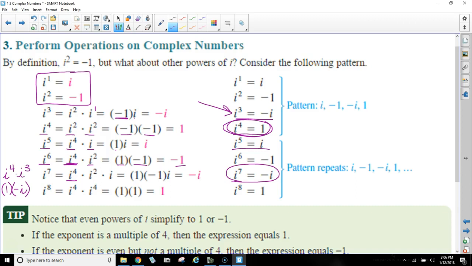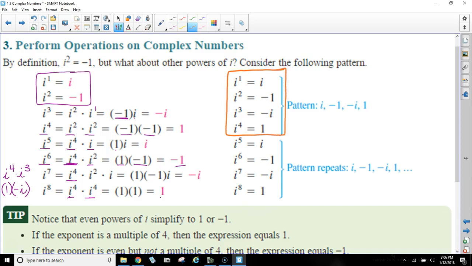For i to the eighth, we're going to break that down into i to the fourth times i to the fourth, also known as 1 times 1, 1. And then the patterns are going to start repeating. So what you really need to do is commit to memory these first 4.